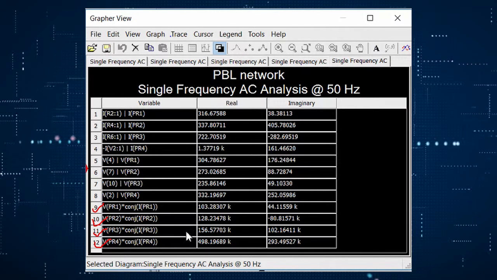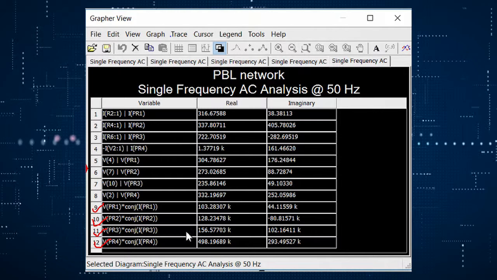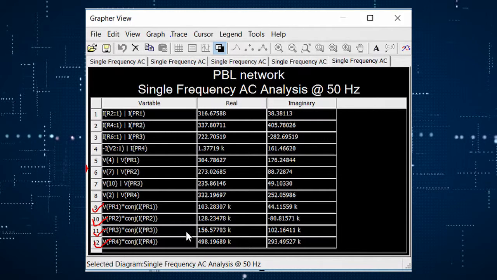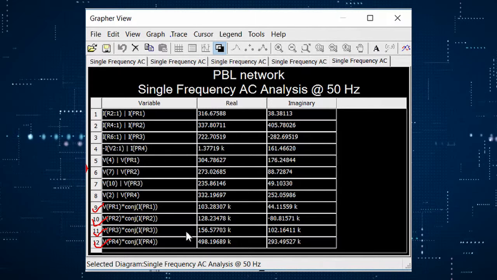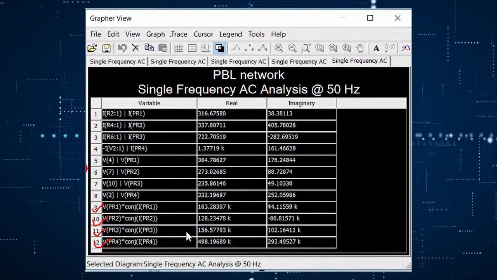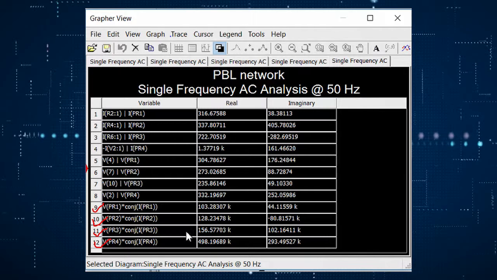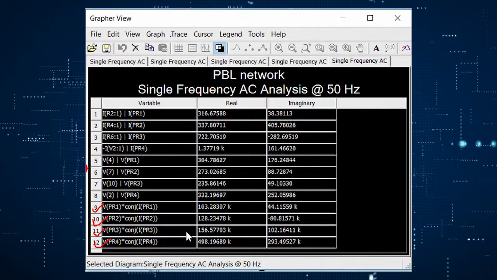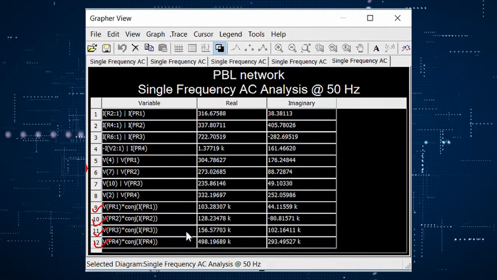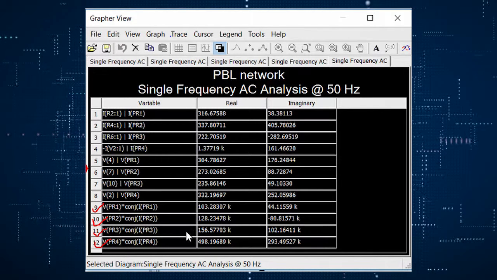The result shows real and imaginary of apparent power of the load. In the graph view, from line 9 until 13, it shows the value of power of load 1 until 3 respectively. At line 14, the graph view shows the total apparent power of the system.